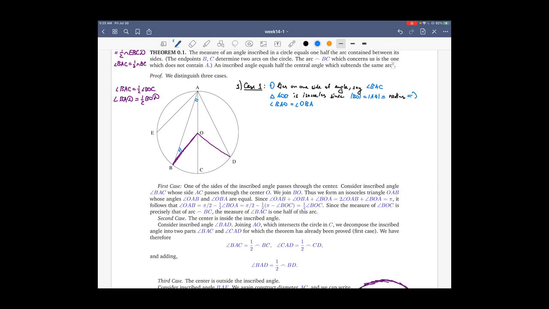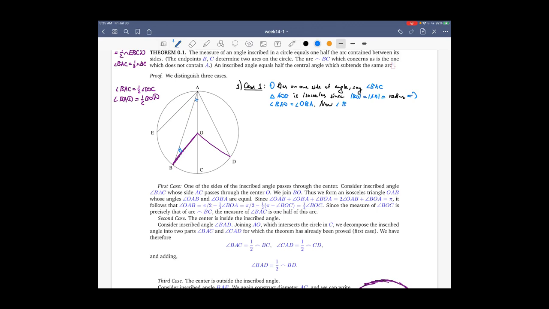Okay. Now we need to relate the angle BAO to the angle BOC. How do we do this? Well, the three angles in this triangle AOB add up to pi.